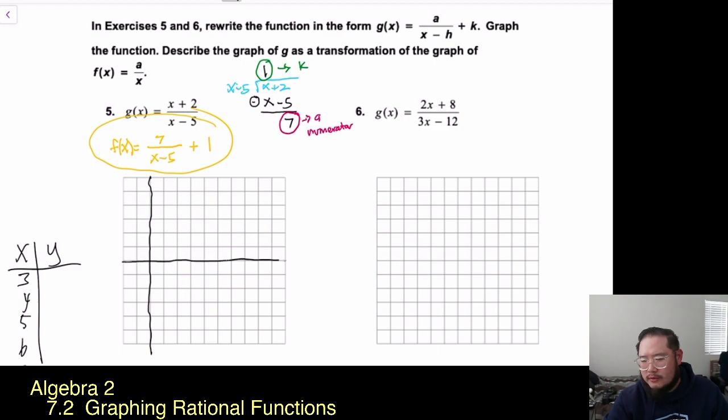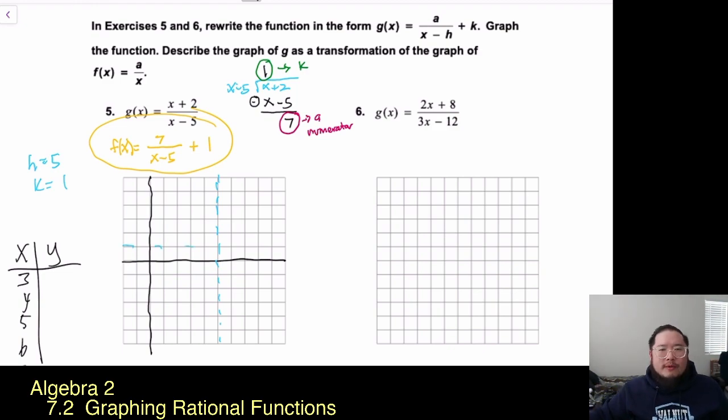So h is equal to 5. K right here is equal to 1. So let's go ahead. 1, 2, 3, 4, 5. Go ahead and plot those points. 1 up here. And there you go.